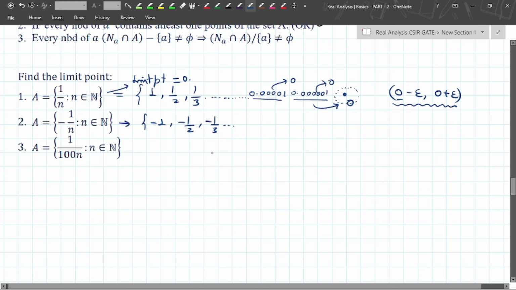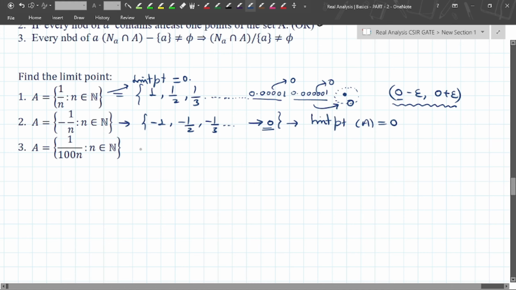So it is also tending to 0. Again, it will make a cluster near 0. It is not actually 0, but it is making a cluster near 0. Then 0 is the limit point. So the limit point of this set A is again 0.